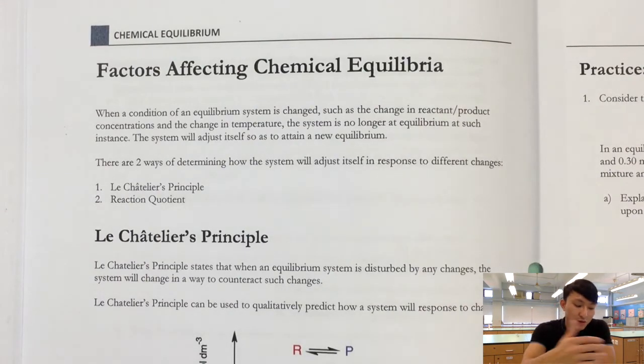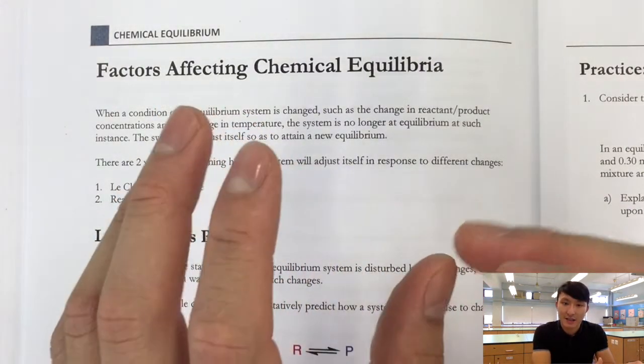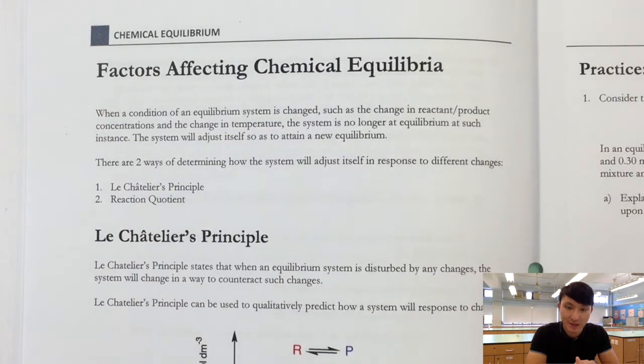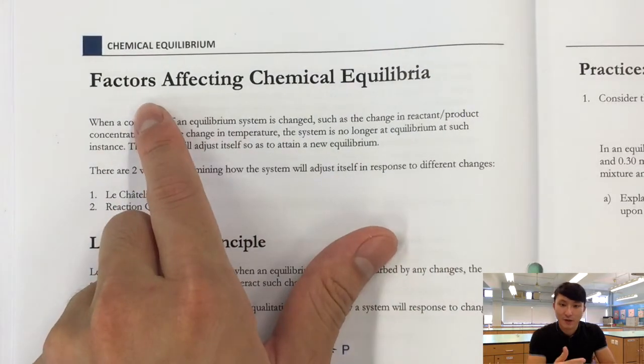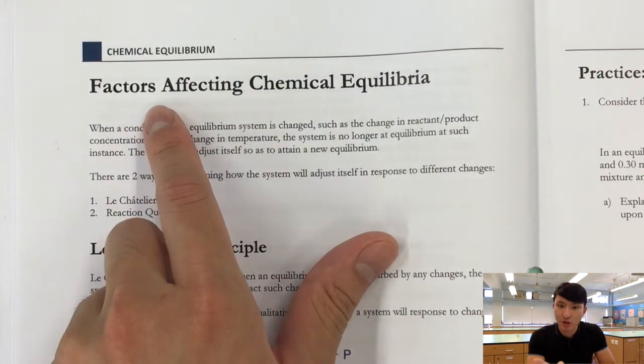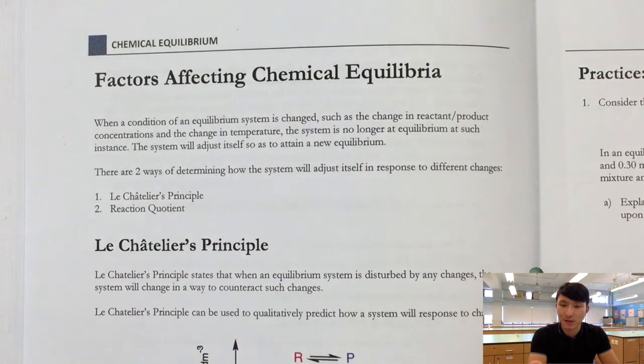So in our discussion, we will talk about how the system responds to changes so that it can go back to an equilibrium state from a non-equilibrium state. We will also break it down by different factors, for example concentration, temperature, and pressure, and how these factors affect the equilibrium precisely.